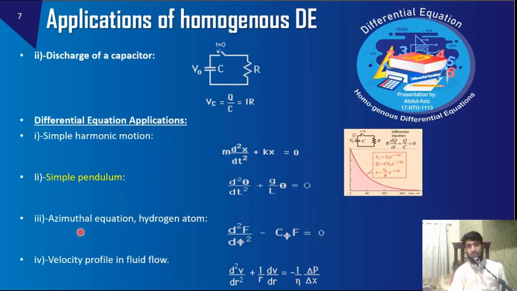Then the azimuthal equation or hydrogen atom is also dependent upon this equation. And lastly, velocity profile in fluid flow is also performing homogeneity of differential equation to perform substitution or find a precise value for substitution.